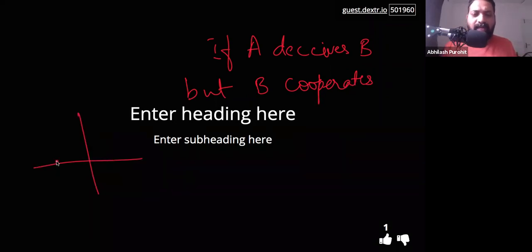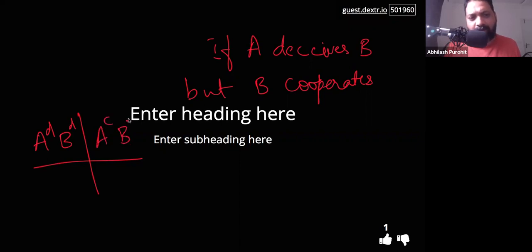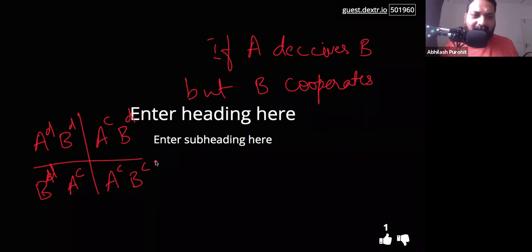If I draw a matrix where A is deceiving and B is also deceiving, or A is cooperative but B is deceiving, B is deceiving and A is cooperative, A is cooperative, B is cooperative. These four things can happen. Okay. If somebody is not following this conversation, please unmute and speak up, and I will clarify again.